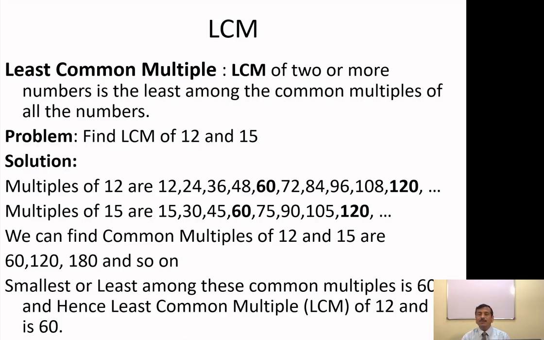Common multiples for 12 and 15 seem to be 60, 120, 180, 240 and so on. Among these common multiples, 60 happens to be the least. So LCM is least among common multiples of the number. This is the basic concept. Let's see further.